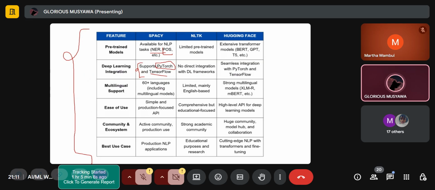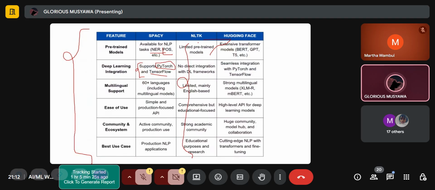What is it that is needed? What is it that I have in terms of resources, in terms of data, and so on? This one is not as useful, because we now have advancements over NLTK, but it's also good to know about it.